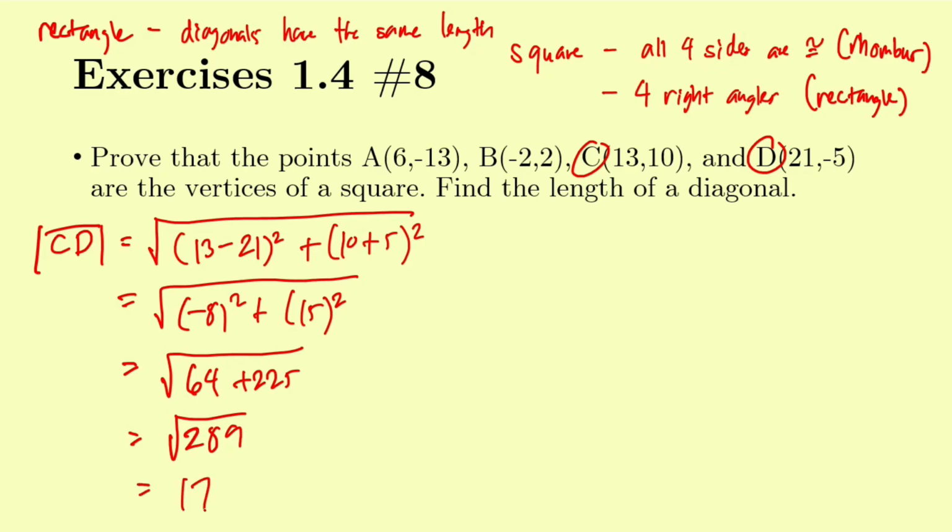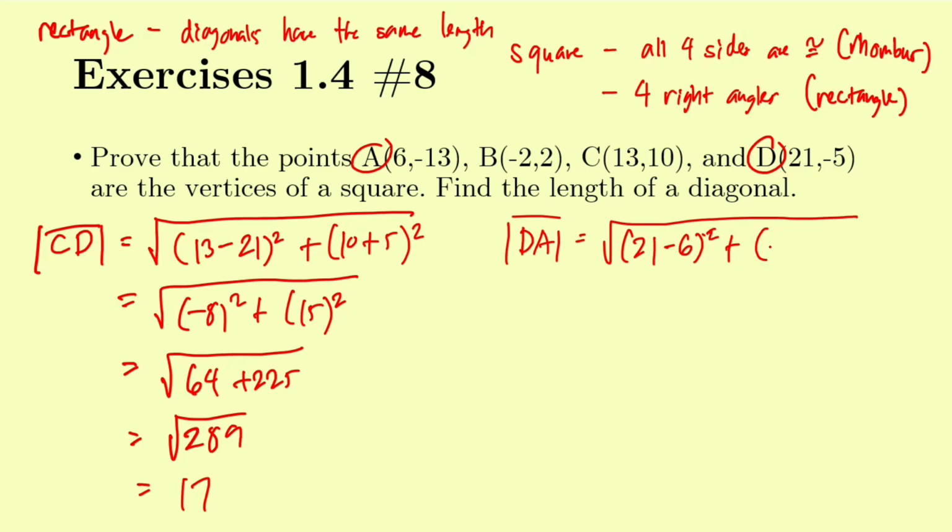Okay, kapag ito, sure na to, that means all four sides have the same length. And we have proven na rhombus siya. Rhombus pa lang, hindi pa tayo sa square. Okay, last, for DA or AD, 21 minus 6 squared plus negative 5 minus 13 or simply plus 13 squared.